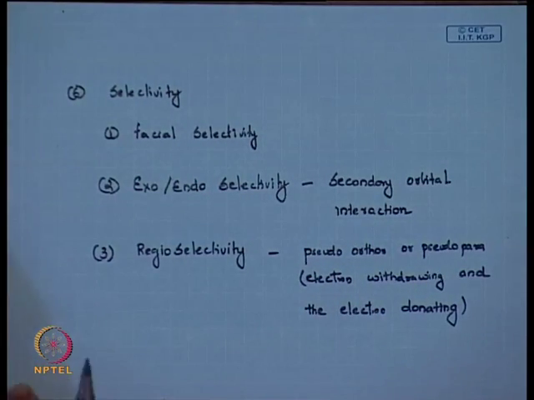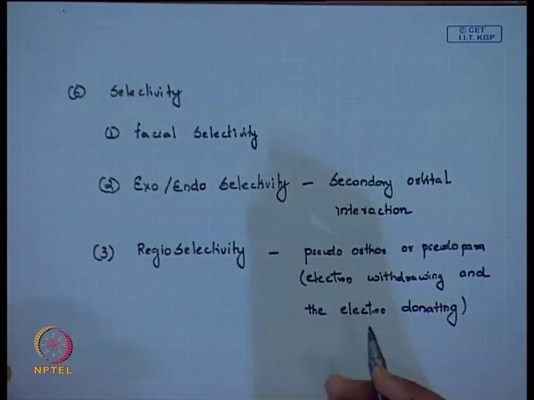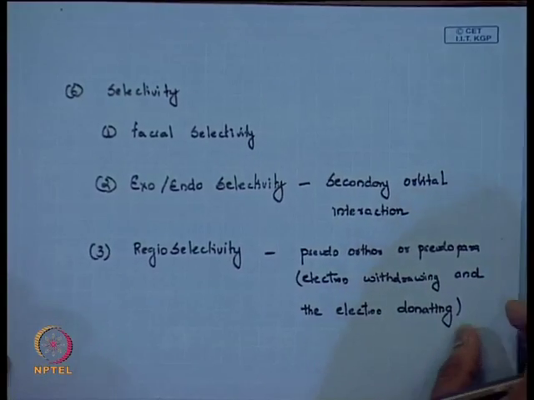If you see the product, they should be either pseudo ortho or pseudo para. That will be regioselectivity, and you can explain this based on your mesomeric structures. That is what we saw about the selectivity.